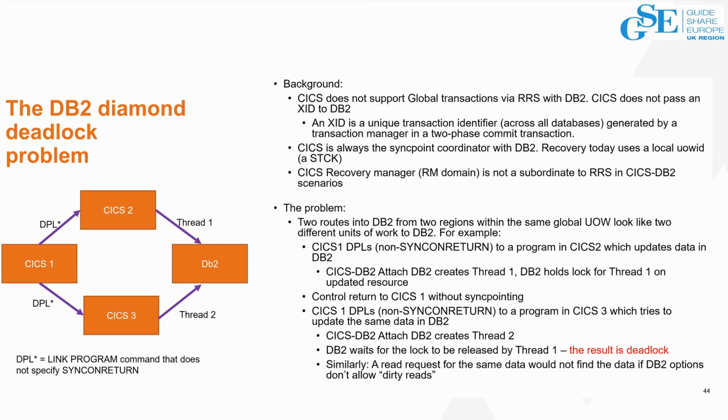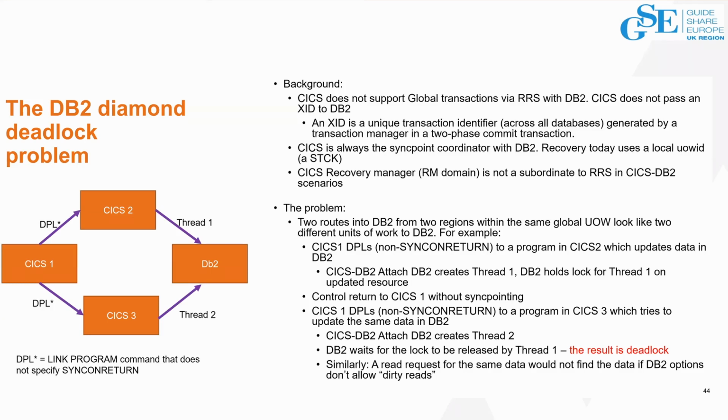And let's say you now DPL to a different CICS region to access a different program, which likewise goes off to DB2. Now, CICS 3 will have its own thread, and if CICS 3 tries to access the same data that CICS 2 has written or read or whatever, it's going to get locked out.